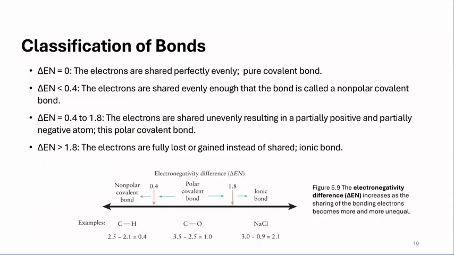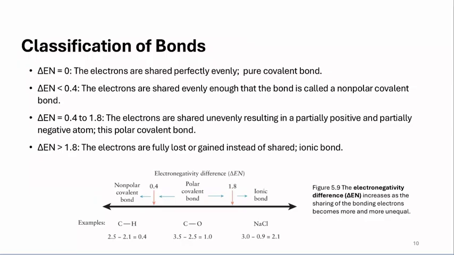We can see that the three main types of bonds that can exist in molecules overall are nonpolar covalent bonds, polar covalent bonds, and lastly, ionic bonds. So if we look at the electronegativity difference of two atoms, we can utilize the distribution in figure 5.1 to define what kind of bond is present in a molecule.